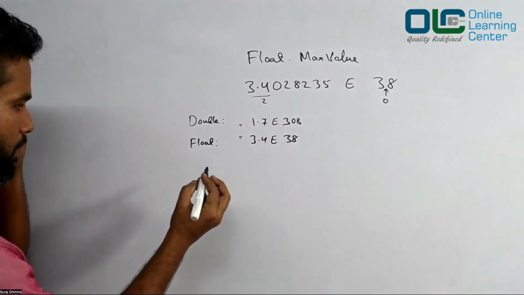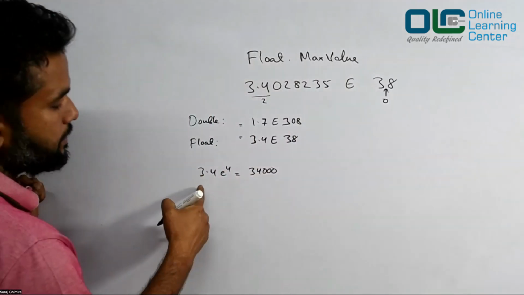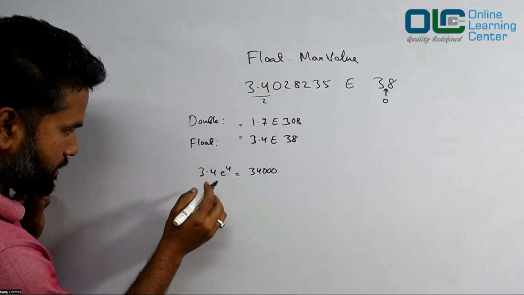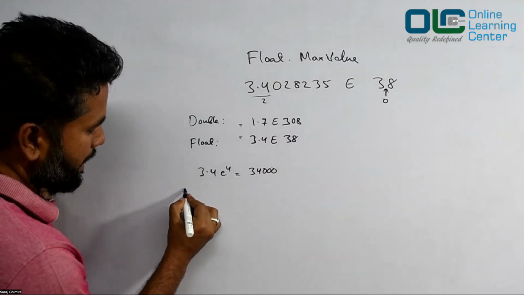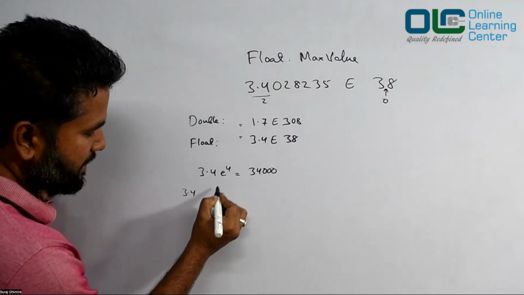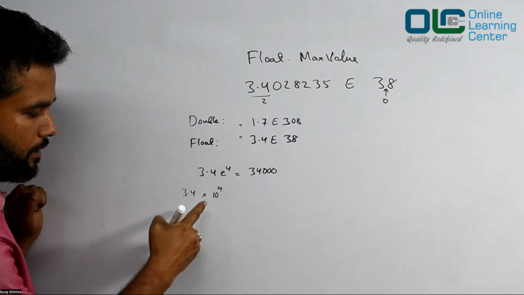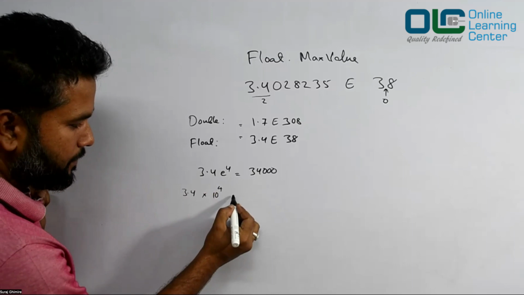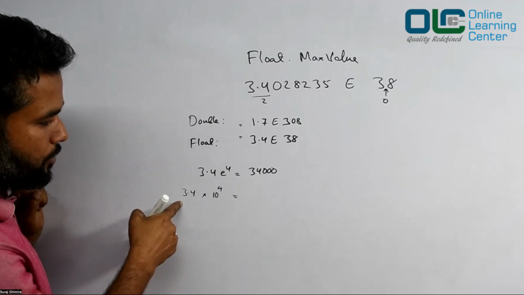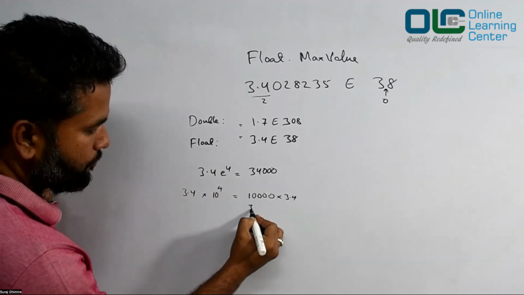Let me copy it down. Look into this. This gave me 34,000, which means, can I say, looks like this E looks like 10 to the power 4, and 10 to the power 4 is 10,000. 10,000 into 3.4 is 34,000.